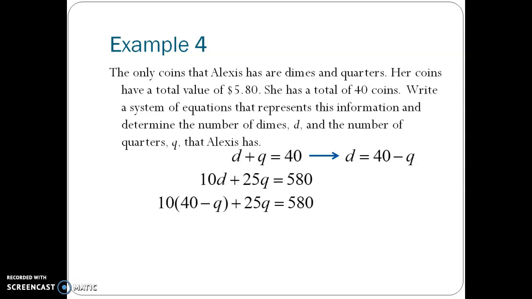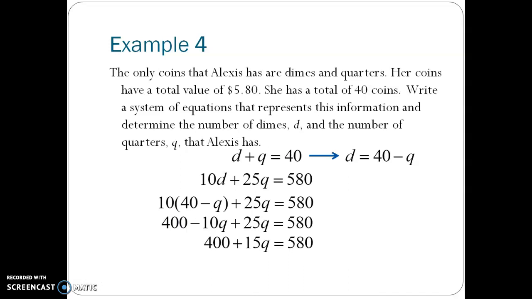You'll see now that this leaves us with just one variable in this equation, so we'll be able to solve it. So we'll distribute the 10. That leaves us with 400 minus 10Q plus 25Q equals 580. We'll combine the terms that have Q in them together, so that's 400 plus 15Q equals 580.